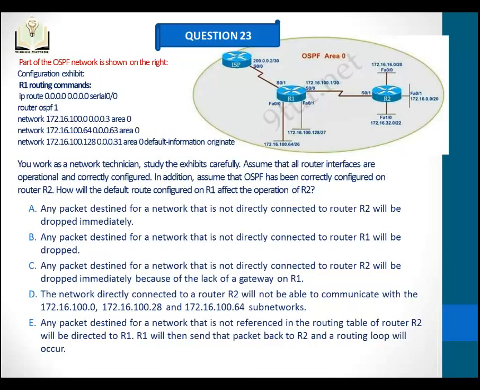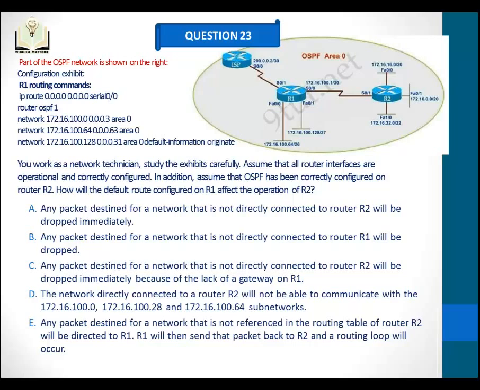Part of the OSPF network is shown on the right. Please go through it carefully. And the question is, you work as a network technician, study the exhibit carefully, assume that all router interfaces are operational and correctly configured. In addition, assume that OSPF has been correctly configured on router 2. How will the default route configured on router 1 affect the operation of router 2?